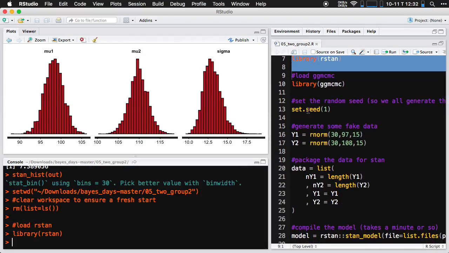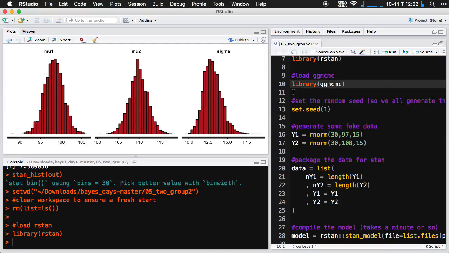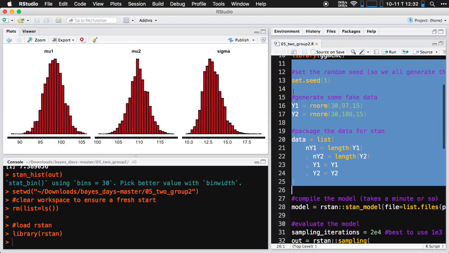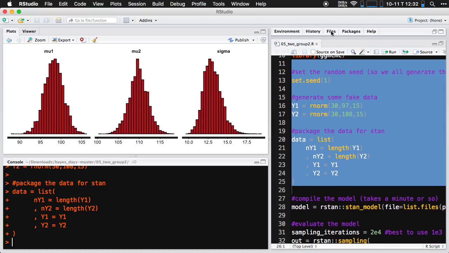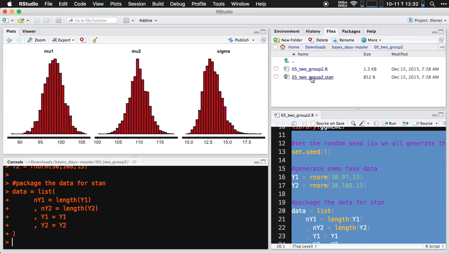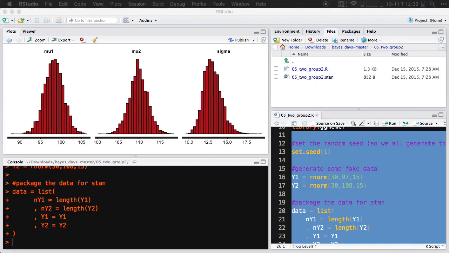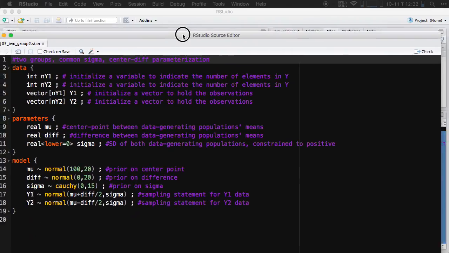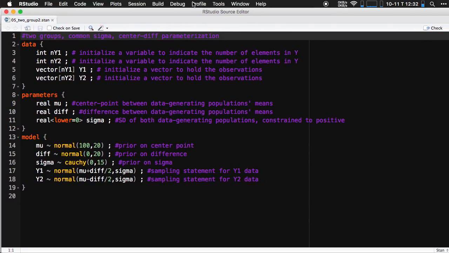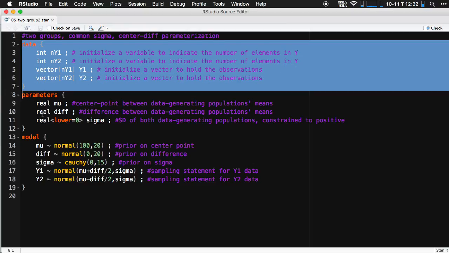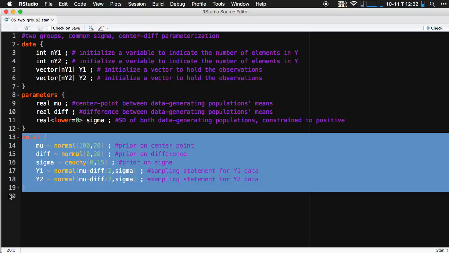The data is being generated exactly the same as before and packaged exactly the same as before. I'm going to look at the Stan file that's associated with this, and I'll pull it out to its own window. So data's coming in exactly as before, but our model section is going to look slightly different.